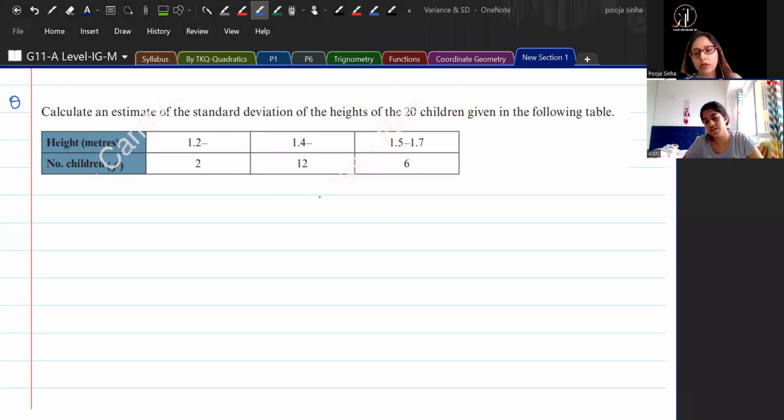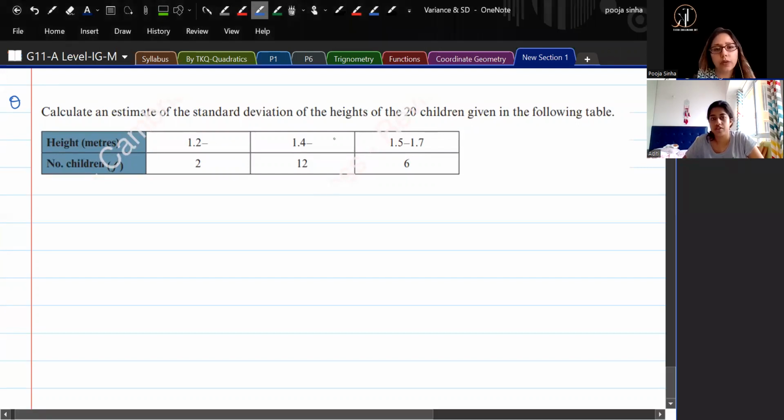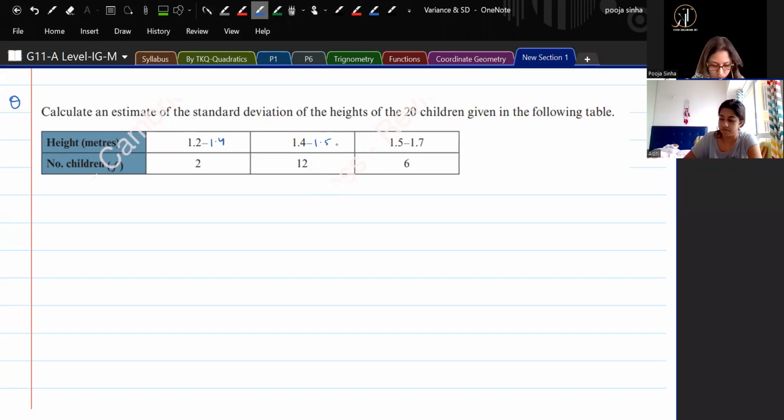You mean to say that this becomes 1.2 to 1.4 and this becomes 1.4 to 1.5. This is what it means, even if the values are not given. Okay? Yeah. Just give me a moment. I'll just write them down.